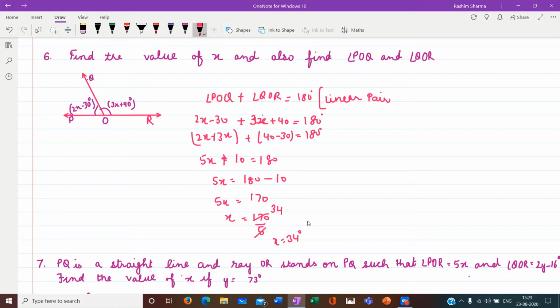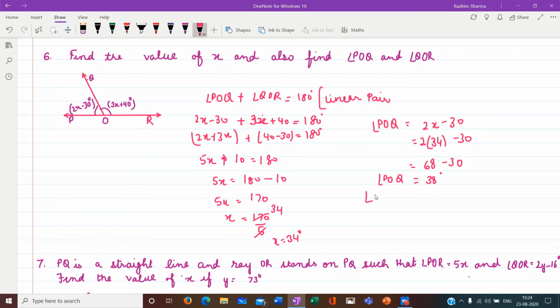But we have to find angle POQ. So angle POQ will be equal to 2x minus 30. When we put the value of x here, it comes as 2 into 34 minus 30. So it is 68 minus 30, which is equal to 38 degree. So angle POQ is equal to 38.